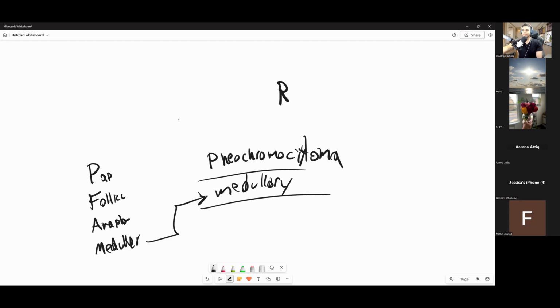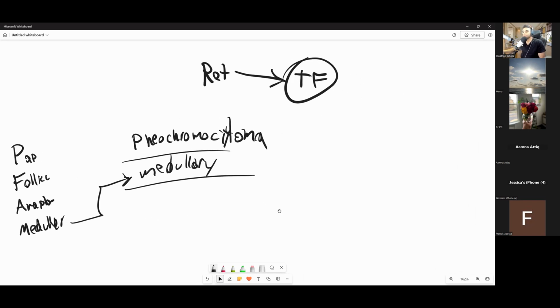Remember that RET is an oncogene that can activate transcription factors. It's responsible for the activation of transcription factors, leading to more and more proliferation, right? This is how it's working. And it likes to work via tyrosine kinase activation. So keep that in mind.